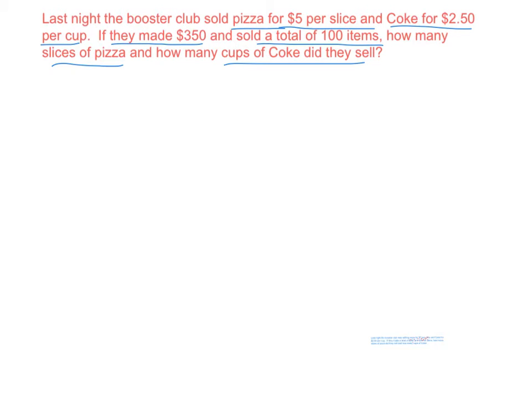So since in my last sentence they're asking how many slices of pizza, I'm going to let P equal the number of slices of pizza they sold, and I'm going to let C equal the number of cups of Coke that they sold.